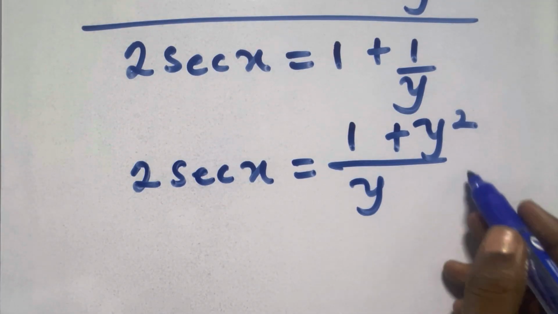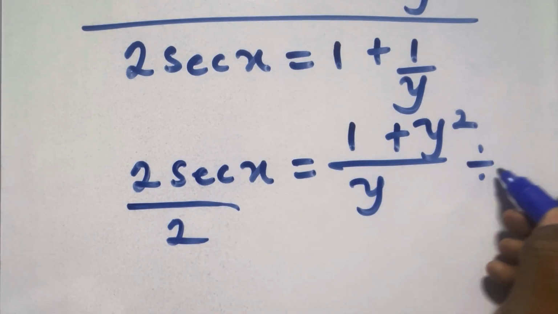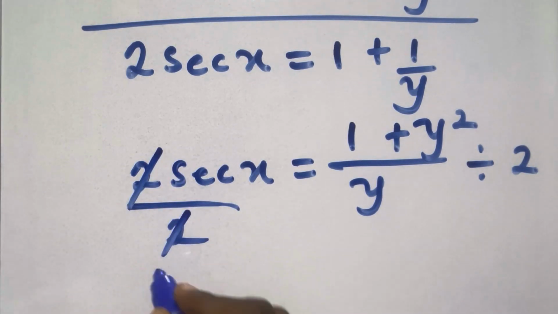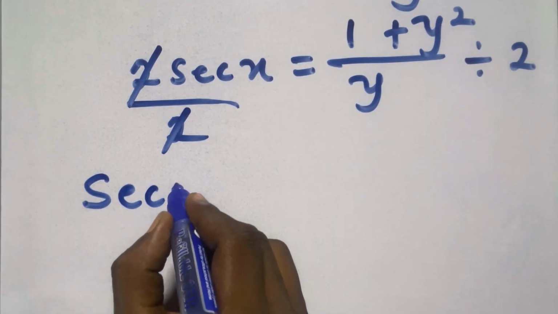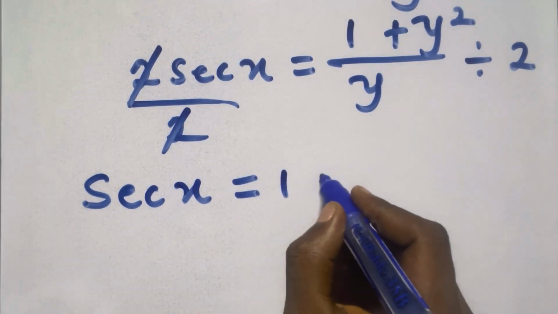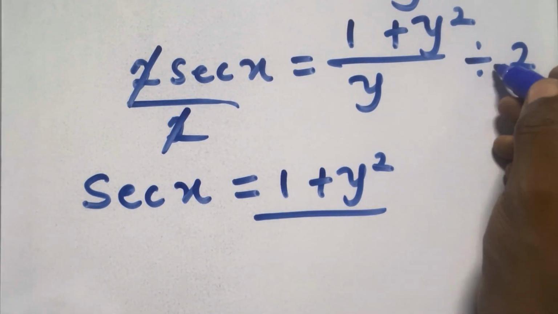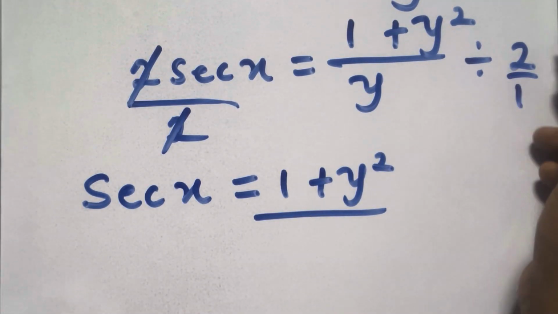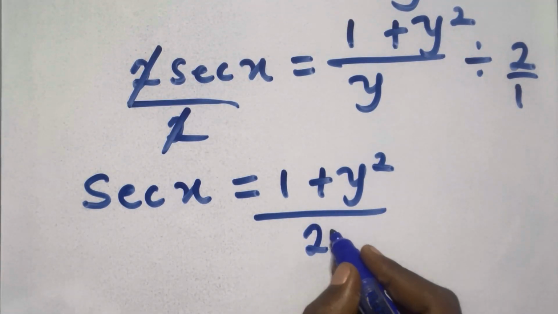Let's divide everything by 2, so we have sec x equals 1 plus y squared divided by 2y.